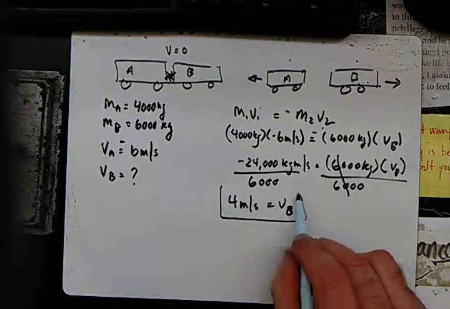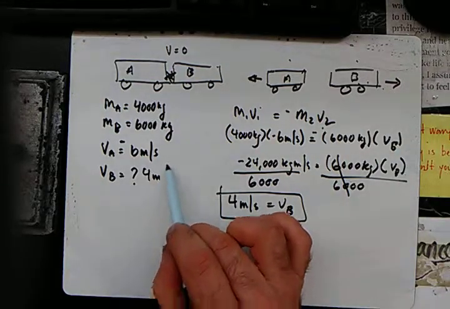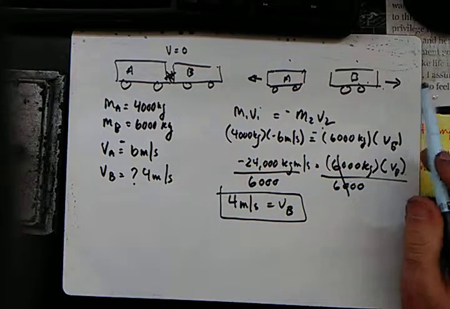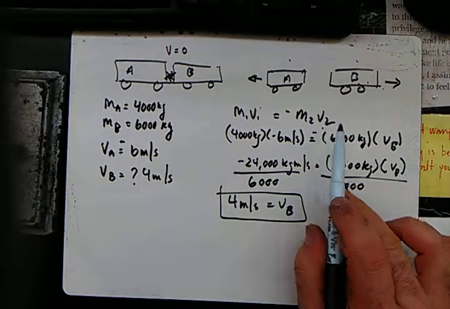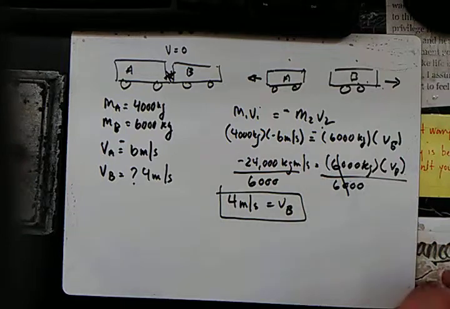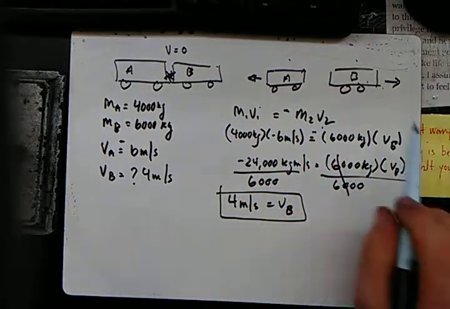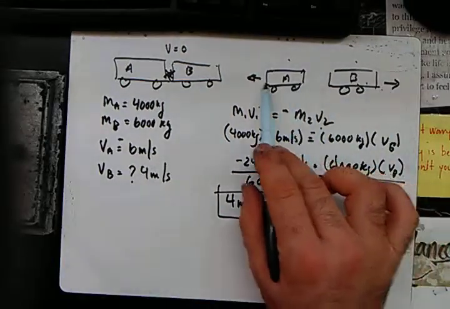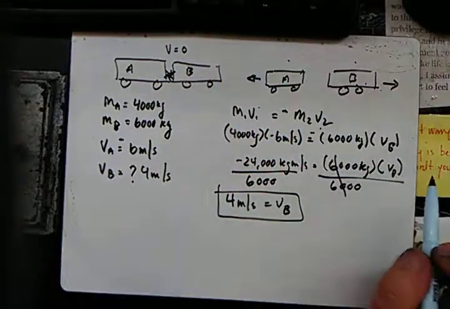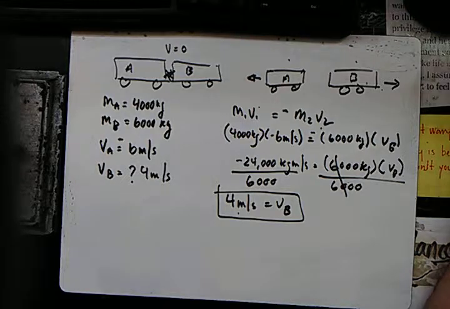So the velocity of B would be 4 meters per second. And just by the picture, we know it's got to go in the opposite direction. I put a negative here to show that this is equal to the opposite of that. But even if you forget your negative sign, you can look back at the picture and say, if A's negative, then B's got to be positive. So that's 4 meters a second for the velocity of the train. I'll leave that up for a second so you can take a peek at it.